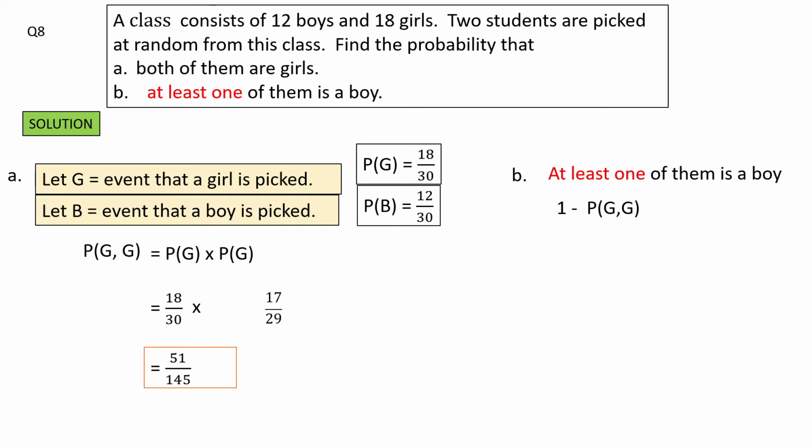So at least one boy equals 1 minus probability not boy, or in other words, probability girl and girl. Since we have the probability value of girl and girl, you just use the answer in A to substitute and get the final answer as 94 over 145.